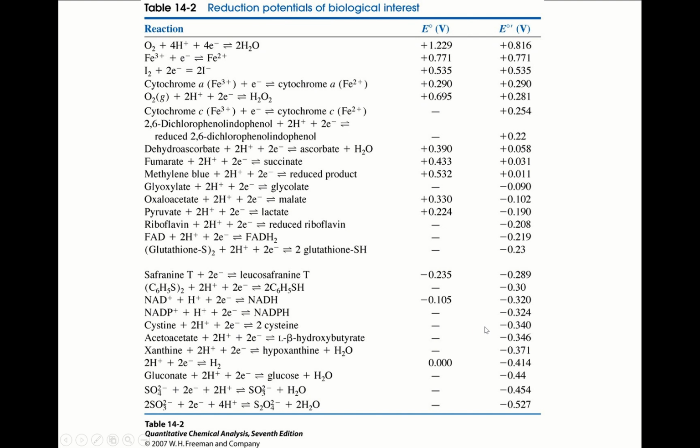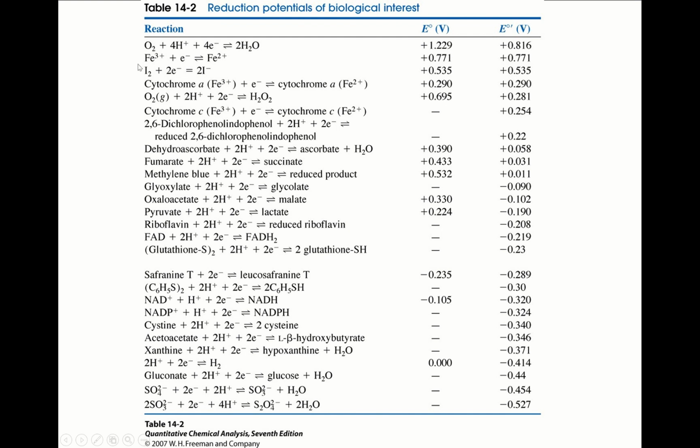This table lists the reduction potentials of biological interest, the standard reduction potential as well as formal potentials at pH 7. For example, oxygen reduction in acidic condition has E0 of 1.229 volt. So oxygen is a very powerful oxidizing agent.